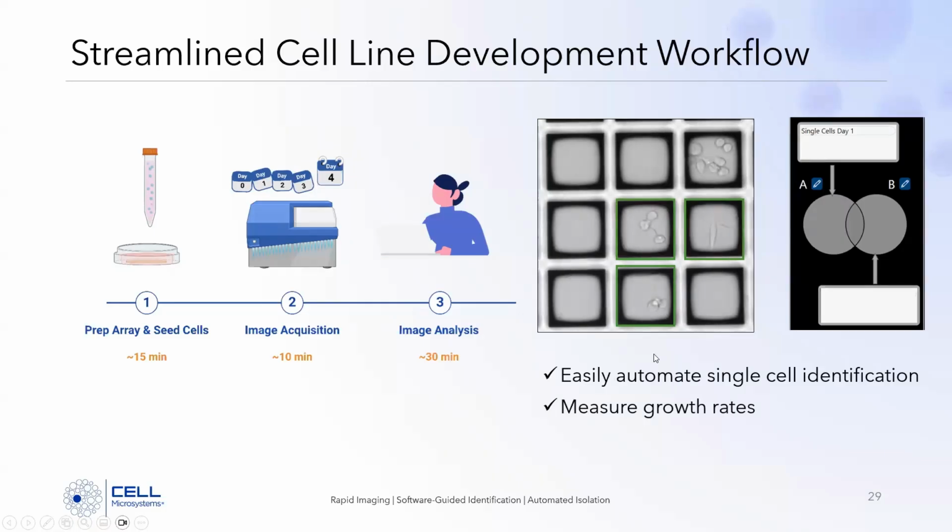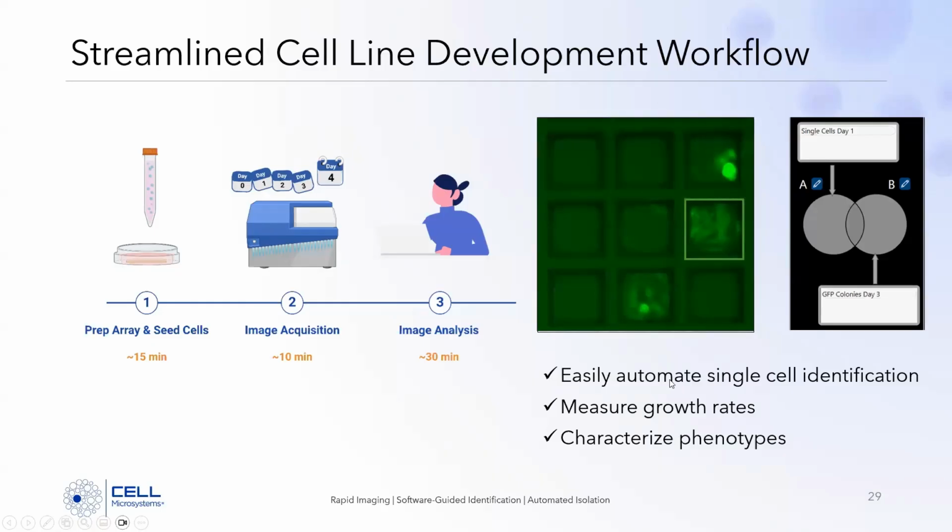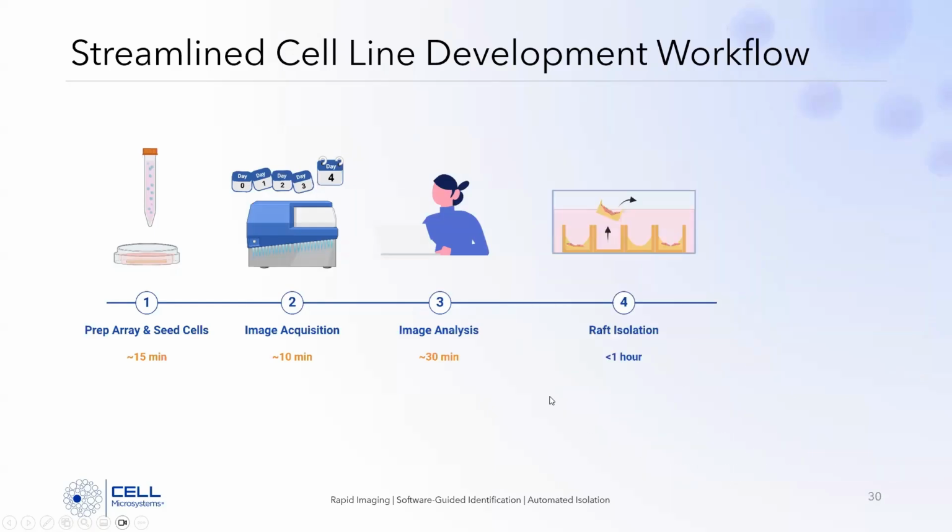We can also use the software to measure growth rates and identify phenotypes of interest, whether it's GFP or morphology or marker expression. We can quickly identify the rafts that contain, for example, a single cell at day 1 and a colony at day 3, and which of those are in fact monoclonal GFP positive clones. And then once we have that triaged list, we're able to very quickly map them for isolation using our instrument. That instrument is the cell raft air.